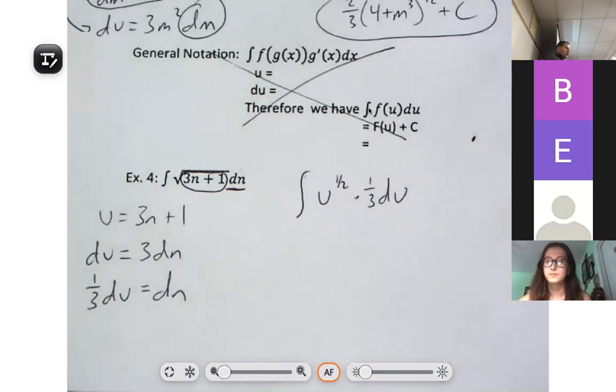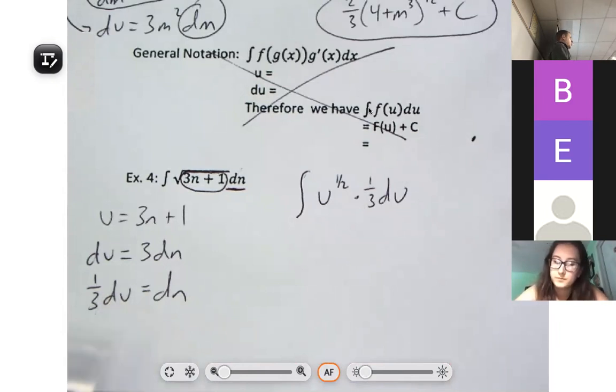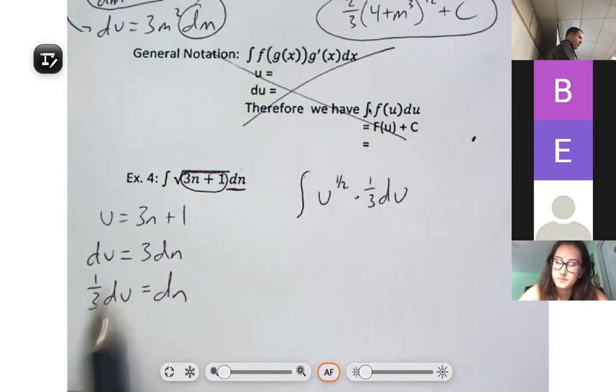But anytime you have this number in front of the du, which is going to happen a lot, this is probably what's going to happen in the u substitution problem, where you have to divide by whatever that constant is, and you get a number in front of du. This is the most likely problem you will encounter.